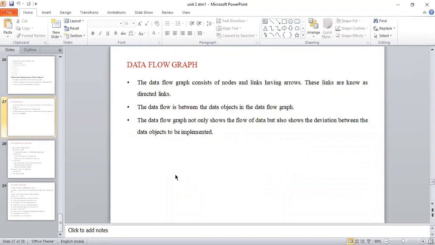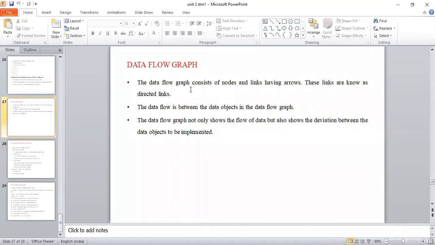In the previous topics, we have seen what data flow is, how the data flow is tested, and how to represent the data flow graph. In the data flow graph, obviously it will consist of nodes and links having arrow marks as the connections.